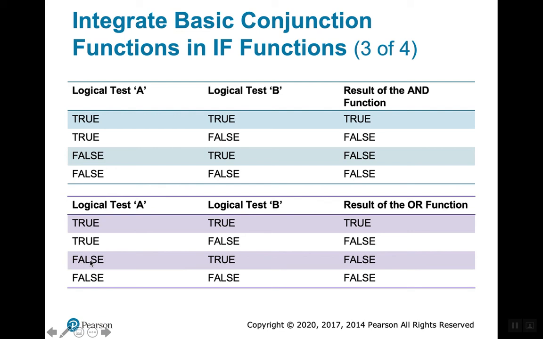The same thing if A is false and B is true. And then finally, if both are false, if neither is true, then we show up with a false. So this is kind of the inverse of what's on the slide. It should be true, true, true, false.